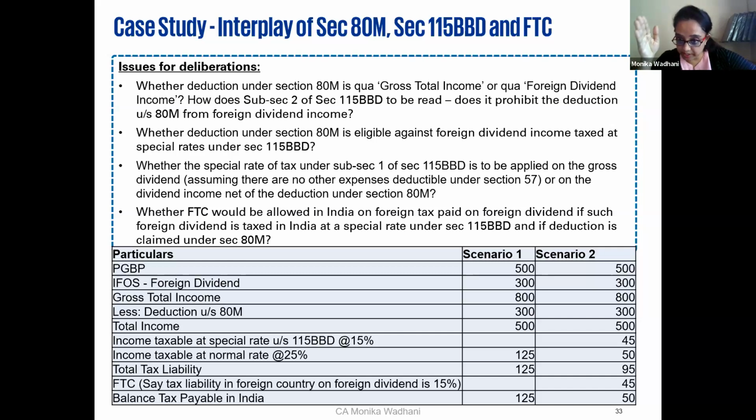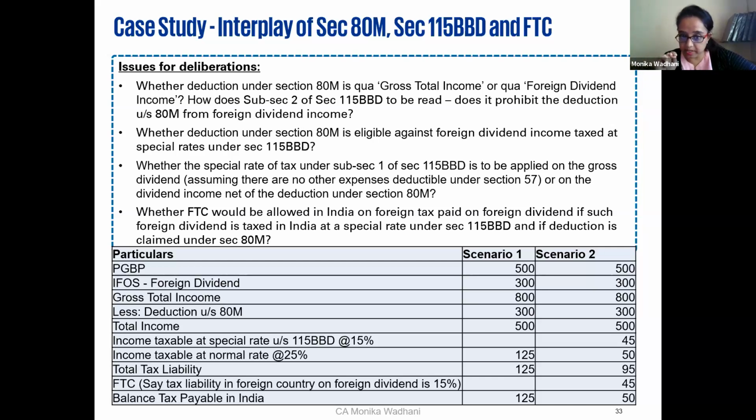Once the dividend income is part of IFOS and once it is part of gross total income, it loses its identity, and therefore you cannot have one-to-one matching or comparison that deduction under 80M is qua that particular source of income which is a foreign dividend income.